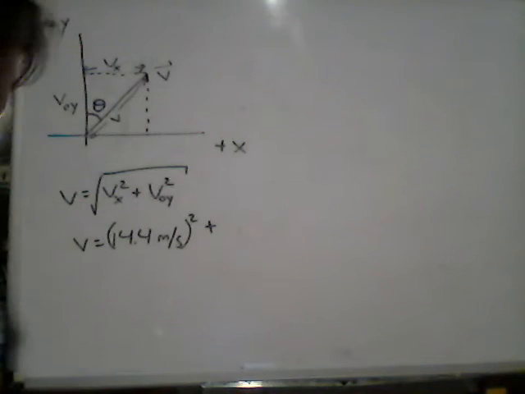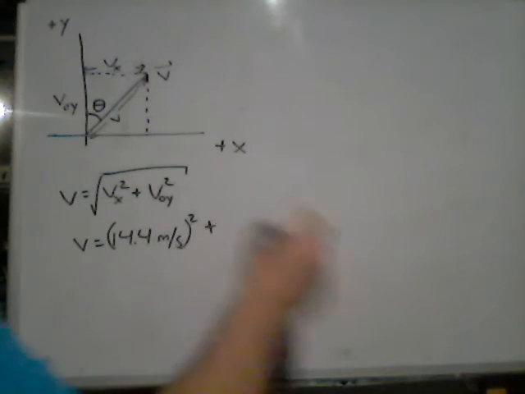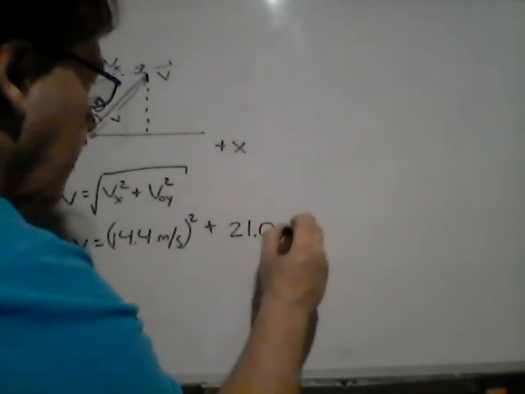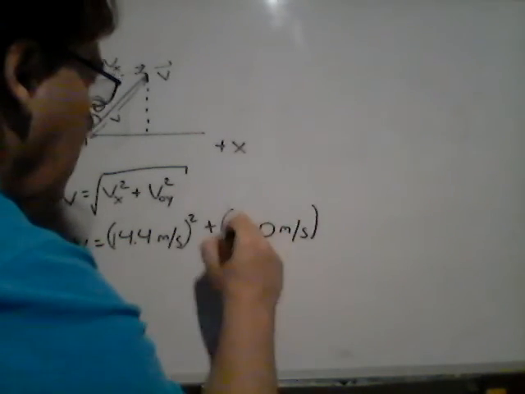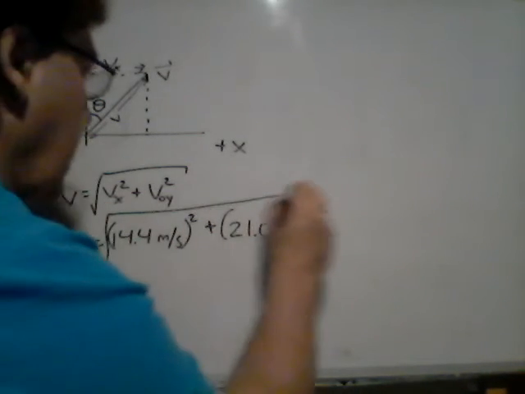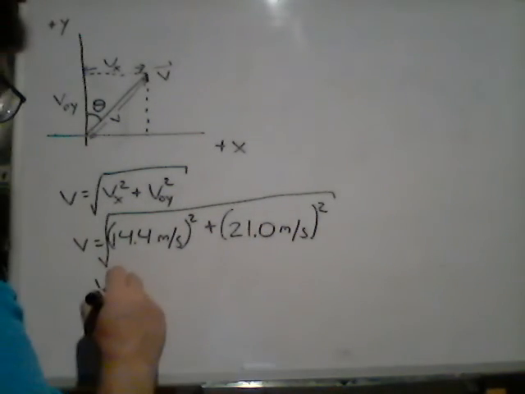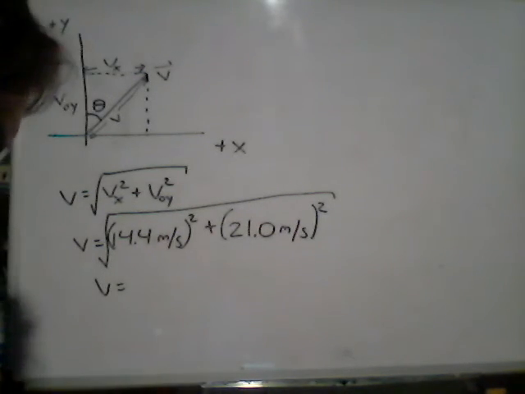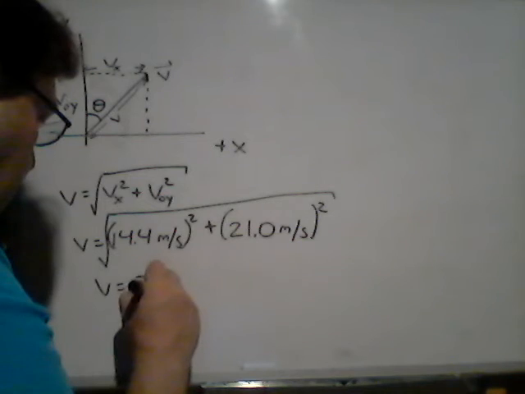And then the coasting velocity is 21 meters per second. That stays constant, and that has to be squared. And you must take the square root of everything. If you do that, you find out that the final velocity is going to actually be 25.5 meters per second.